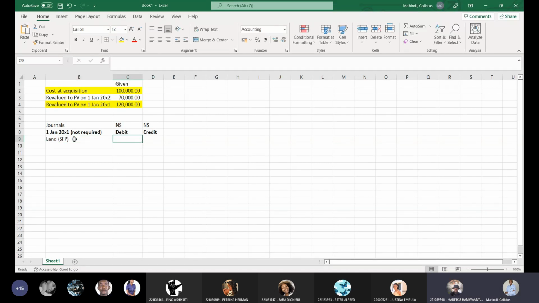So what is the increase in value of the land on 1st of January 20x1? 20,000. Justina gives the journal entry: debit land with 20,000 and credit revaluation surplus 20,000. Exactly. That's 100% correct.